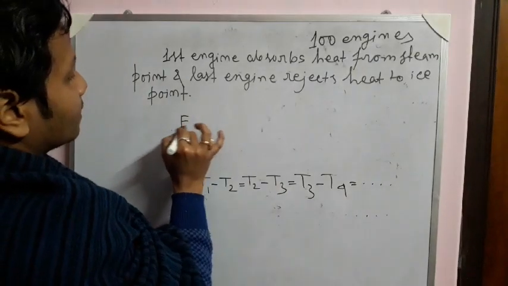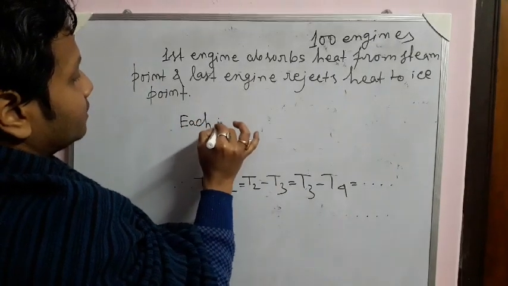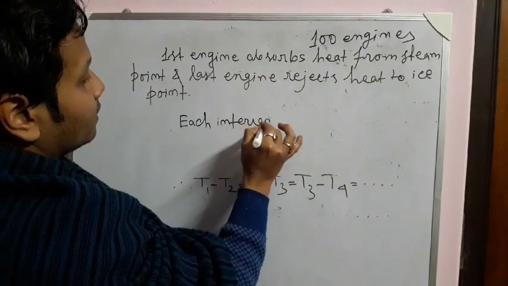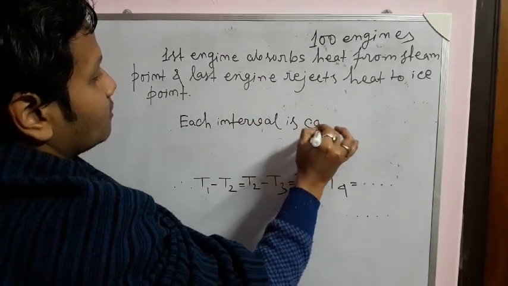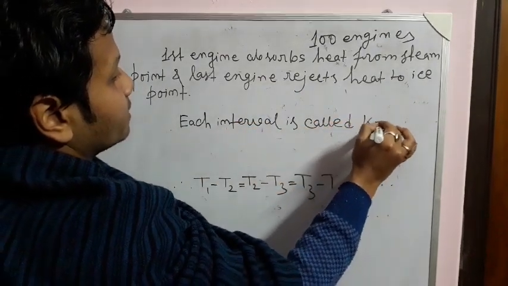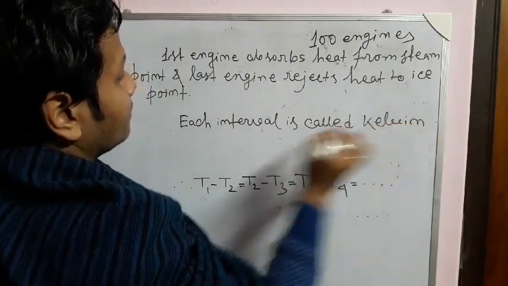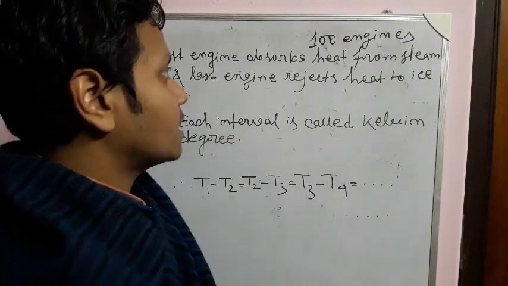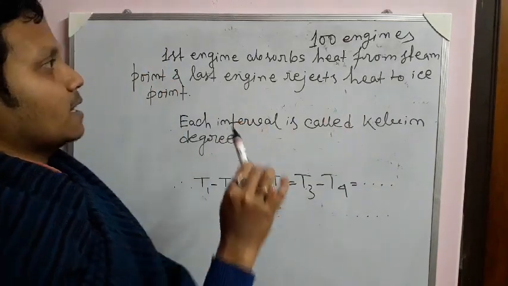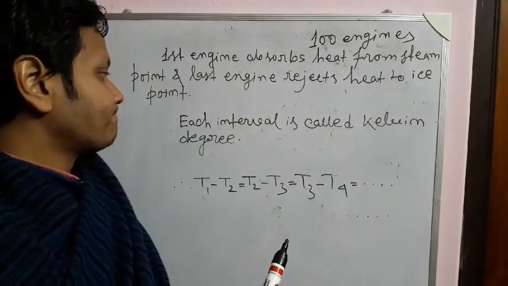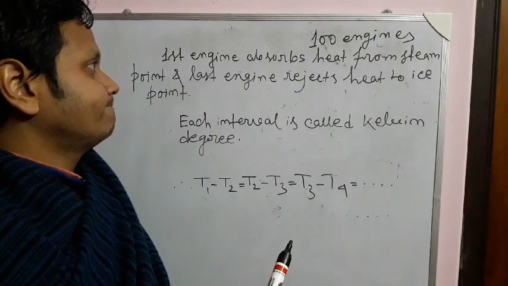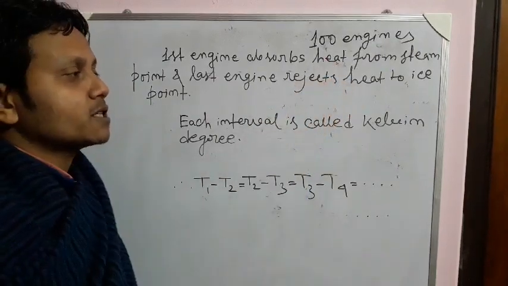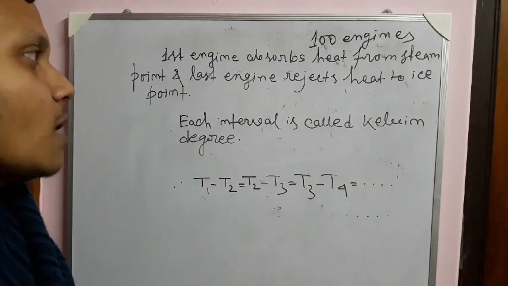Each interval is called Kelvin degree. This is common. So if we consider 100 engines, the first engine absorbs heat from steam point and the last one rejects it to ice point.